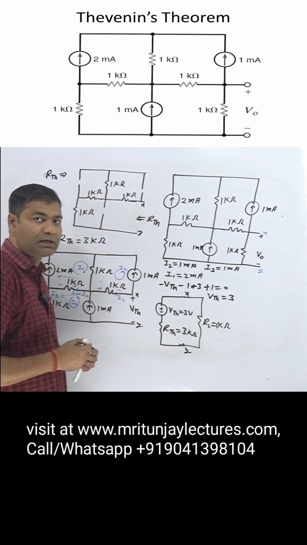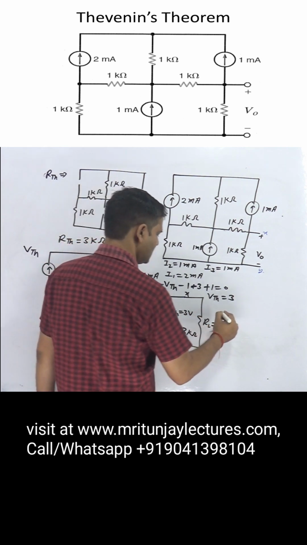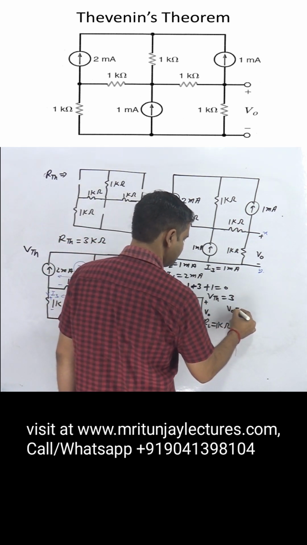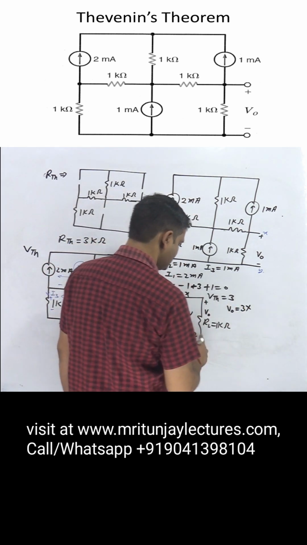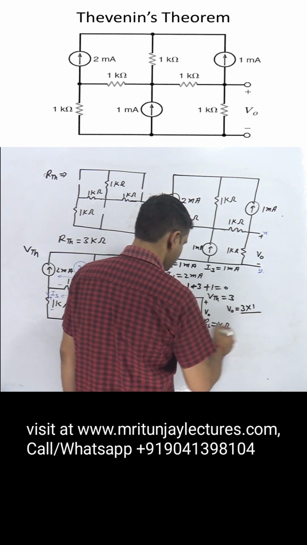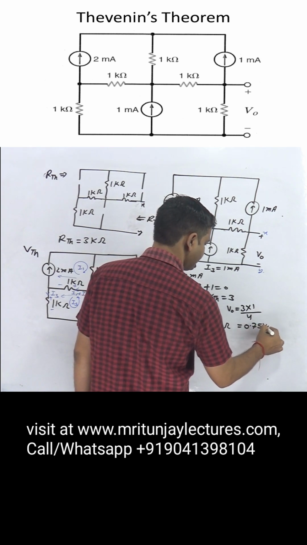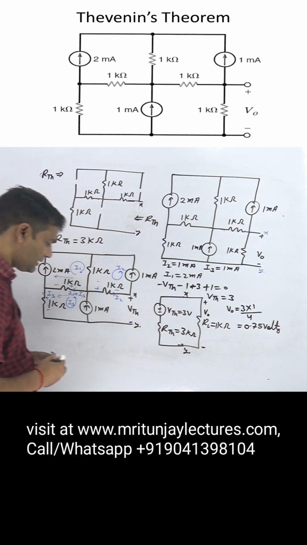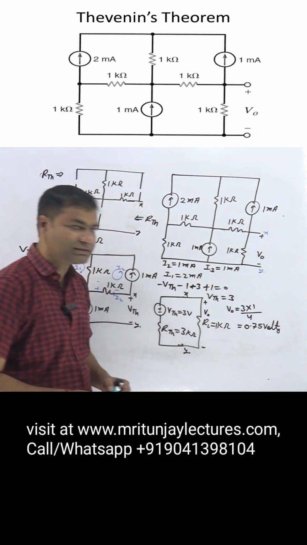Apply the voltage divider rule, and that gives V naught. So V naught is written as VTH, 3 into 1 divided by 3 plus 1, that is 4. You can say that it is 0.75 volt. 0.75 volt is the final answer.